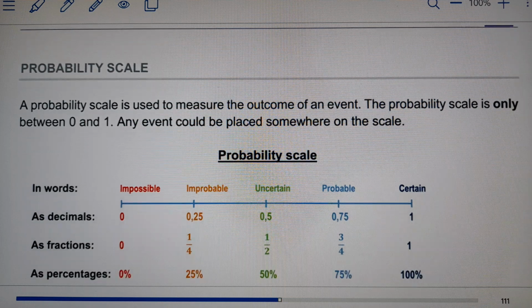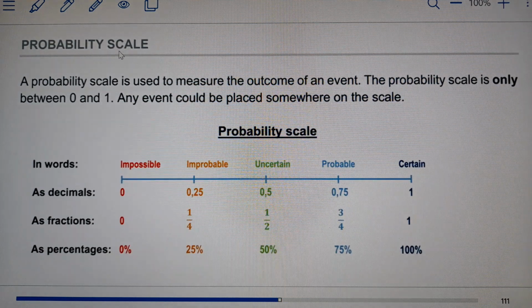Please know these definitions, study them, and know what each term means. Now let's look at the probability scale. Remember, on the objectives of the lesson, we said that after this lesson we need to be able to use the probability scale. Here's another definition. A probability scale is used to measure the outcome of an event.